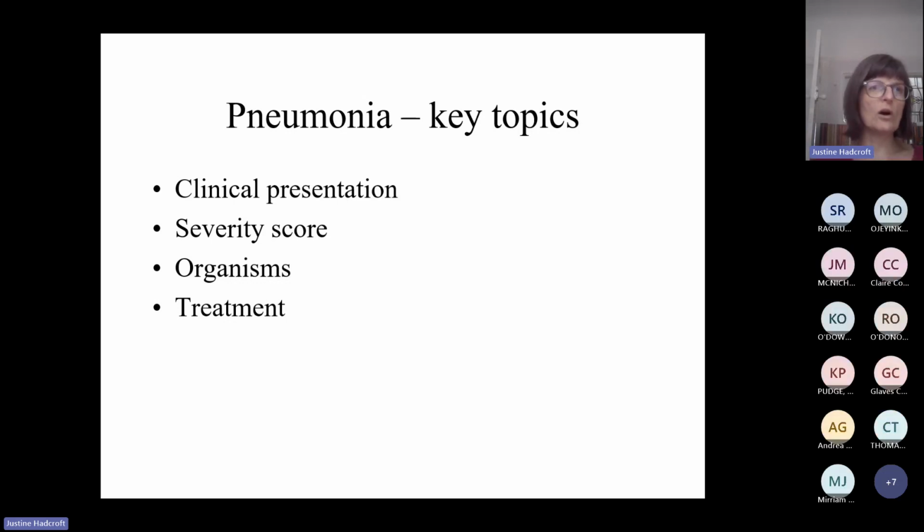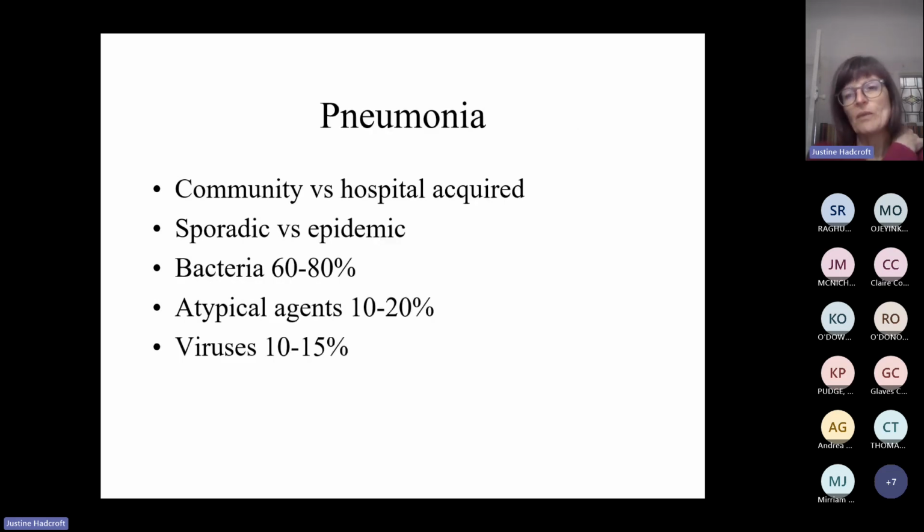We know locally what our commonest organisms are, and we know locally what our sensitivities are. So again, knowing the organisms predicts which antibiotics are most likely to be successful and helps us treat patients with pneumonia without needing to know there and then the organisms or what's in the sputum. And then treatment, antibiotics, and where and what route of antibiotics.